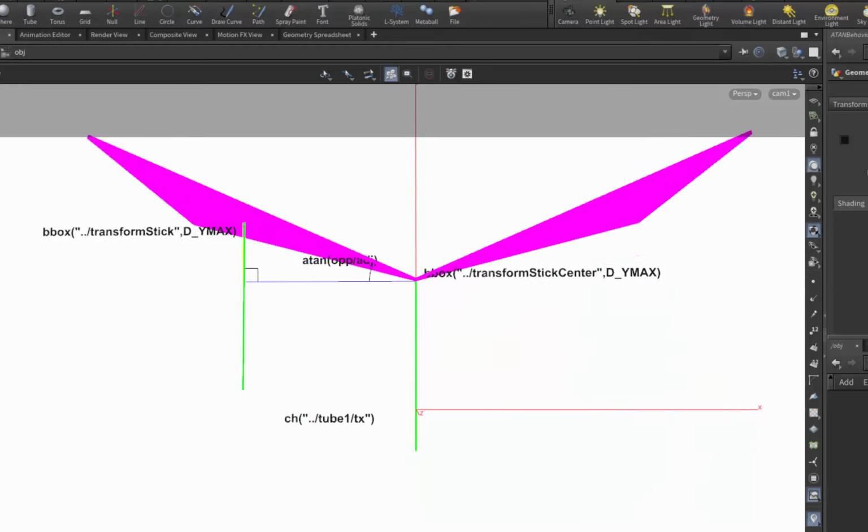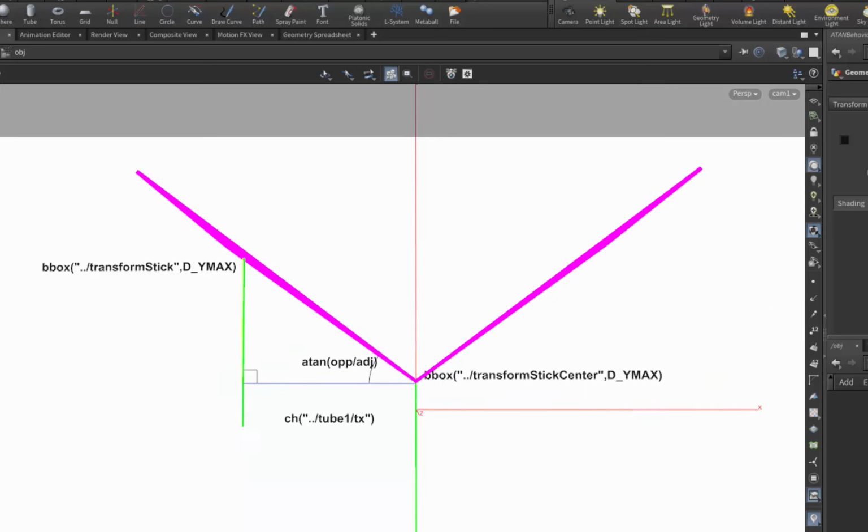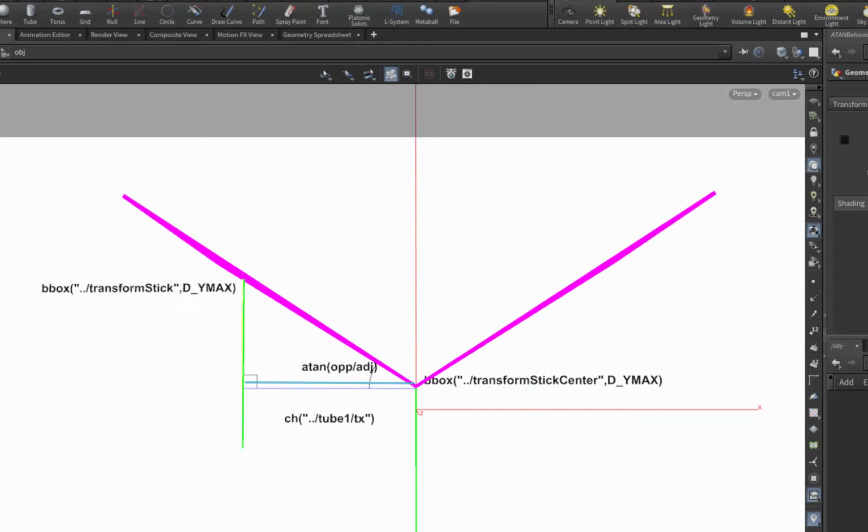So if I stop this for a moment, and let's just scooch to right here, say, the difference between the maximum value of the stick from that center stick is going to be the height of this side, which is our opposite. Our distance to that stick is still the same, just that distance that we've moved the stick, and we calculate our angle using opposite over adjacent.